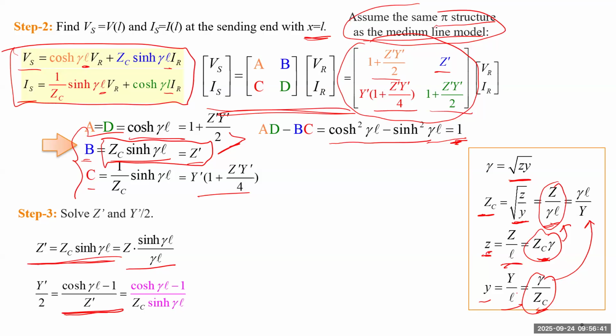Okay, and because you already solved the Z prime, you just plug in the Z prime here. You only replace the denominator part. If you're familiar with hyperbolic functions, you can prove this pink expression is a tangent function, the tangent function of half gamma L, which is exactly equal to this one.